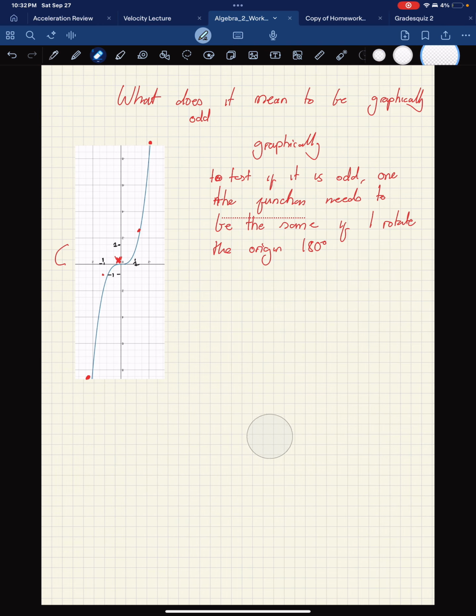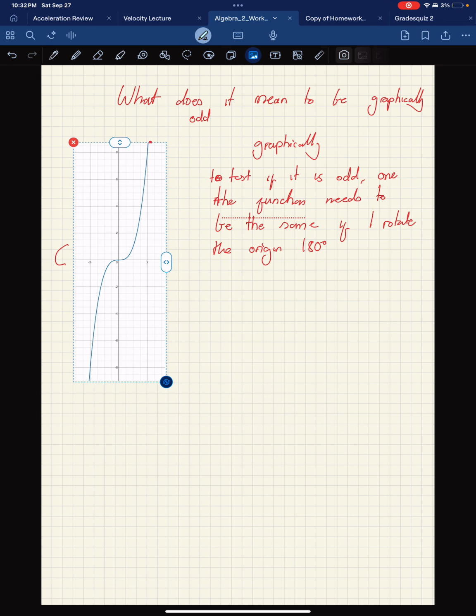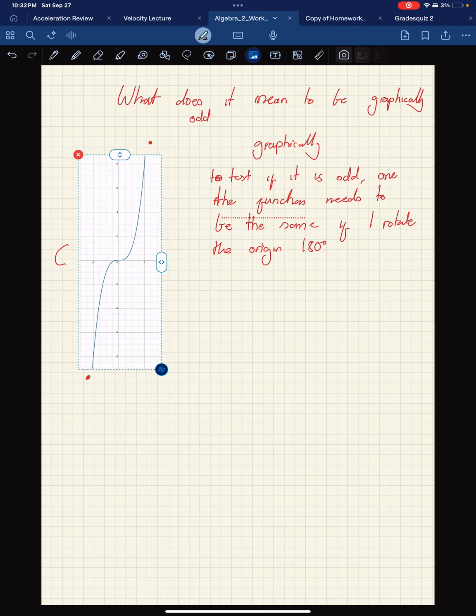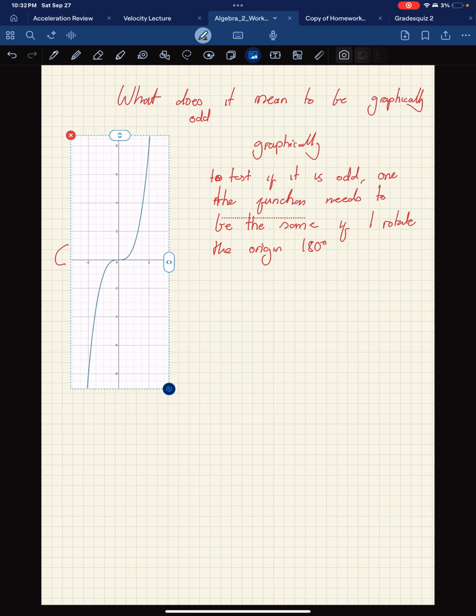I know my sketches are very bad, but I hope you see it. If we rotate the whole coordinate plane, we basically have the same function. I hope you find that cool.